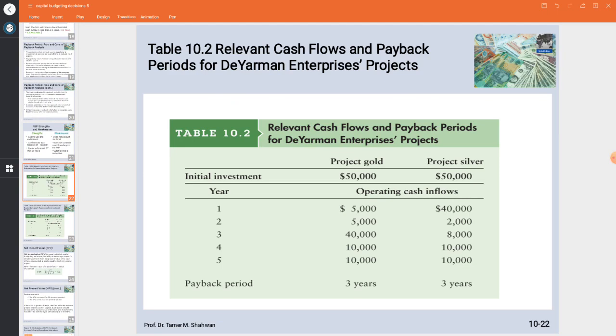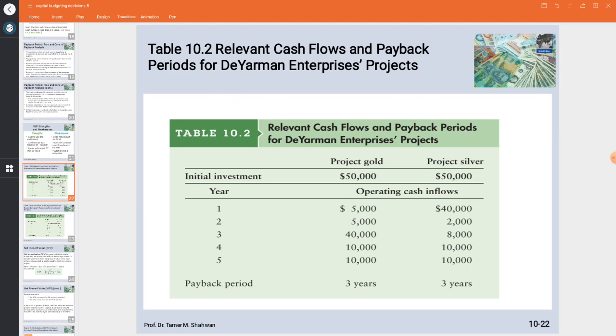If you base your decision just on the payback period method, you are going to conclude that both of them are the same, but actually they are not. According to finance concepts, Project Saver is better than Project Gold, because the majority of its cash inflows occur at the earliest stage.